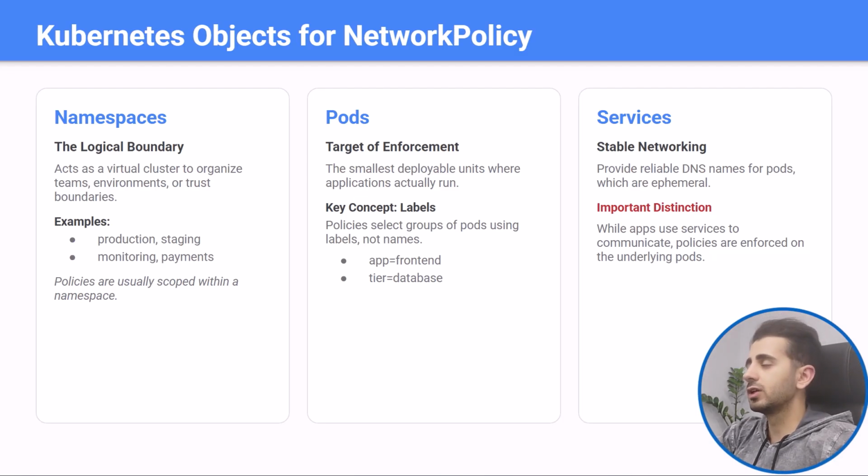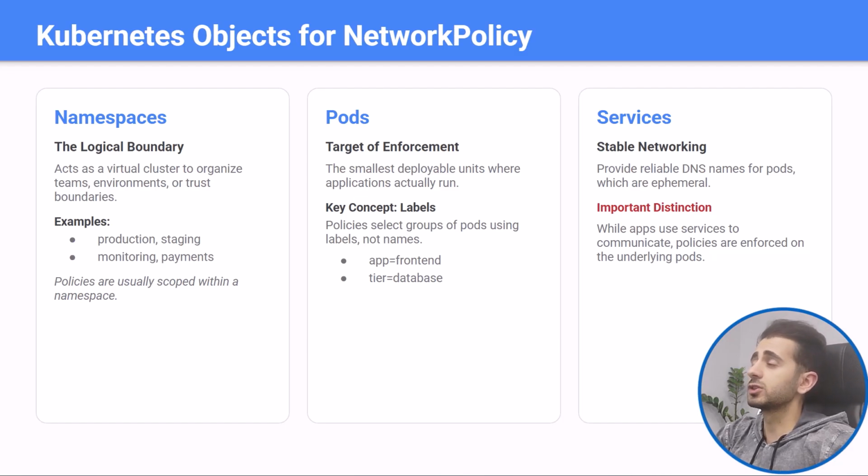For example, we could have production, staging, or even dev or monitoring namespaces. And in the context of network policies, namespaces often represent security boundaries, and we will later use them to control cross-namespace communication.